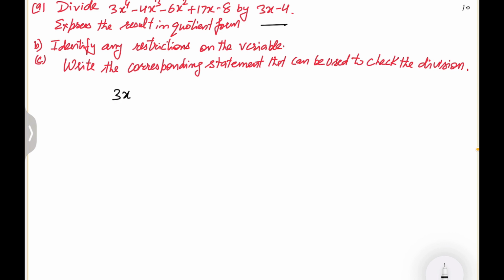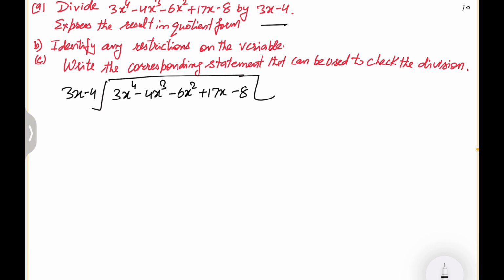Now we divide 3x to the power 4, minus 4x cubed, minus 6x squared, plus 17x, minus 8 by 3x minus 4. We compare the first term of the divisor and dividend. So the first term of the quotient comes out as x cubed. We get 3x to the power 4 minus 4x cubed, and we subtract these two, and both cancel. For the next term we multiply by negative 2x.